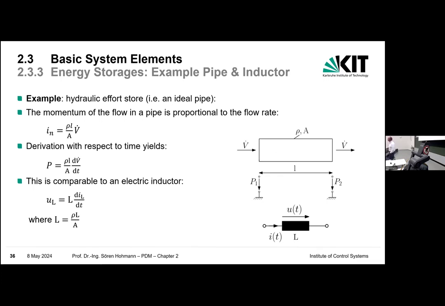And the interesting fact is that such a pipe acts as an energy storage and behaves similar to an inductance. And we can use this information, for example, for storing energy in district heating networks. This is an example I mentioned last time. We did it in a huge city in the northern part of Germany, and we can save millions of euros by just reducing the fluctuations in the network by storing energy in the existing district heating network.